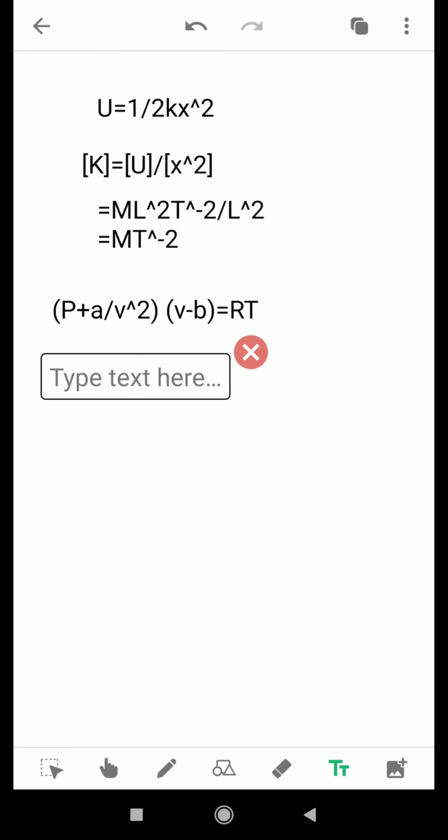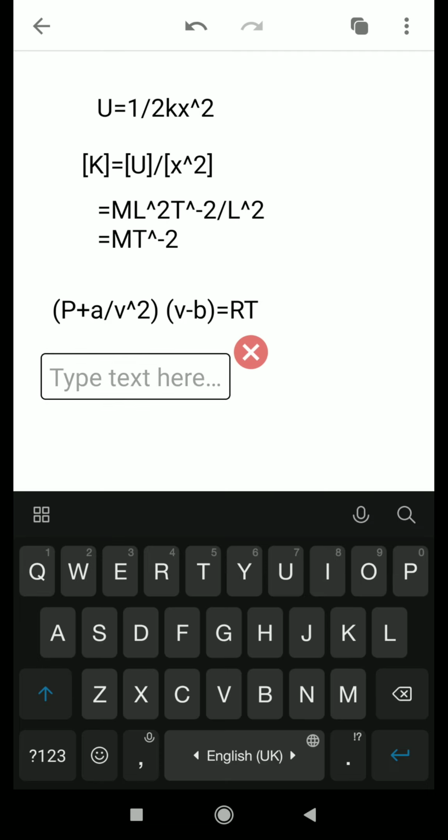Try it. You all know that P is pressure, V is volume, R is universal gas constant, and T is temperature. Clear? As I have taught you earlier, P is added with a by V square, so the dimensions of P must be equal to dimensions of a by V square according to the principle of homogeneity.